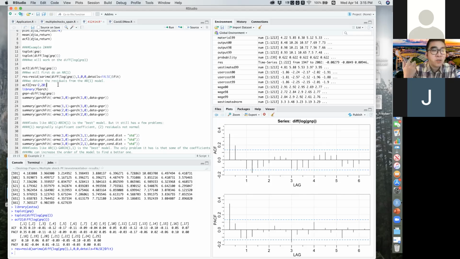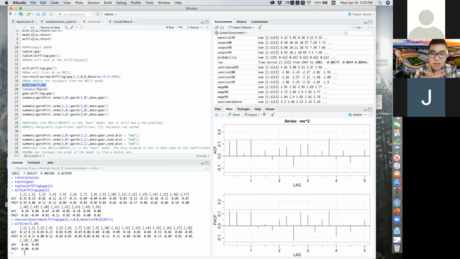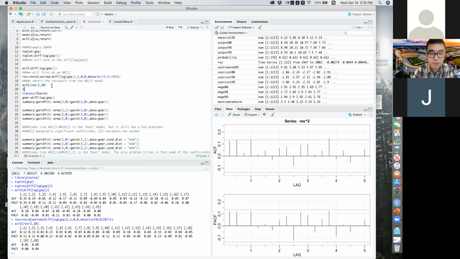The reason we want to use the residual square is because the sigma t part in the ARCH model is basically sigma t square. So we need to take the square of the residuals in order to match the sigma t square in the model. So here we take the residual square, and we plot its ACF and the PACF.